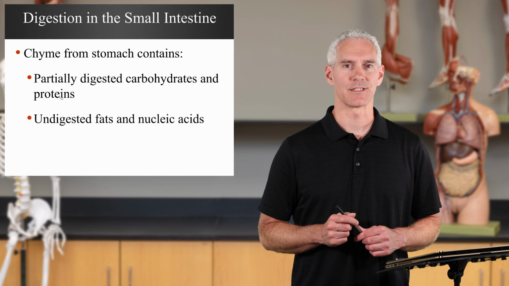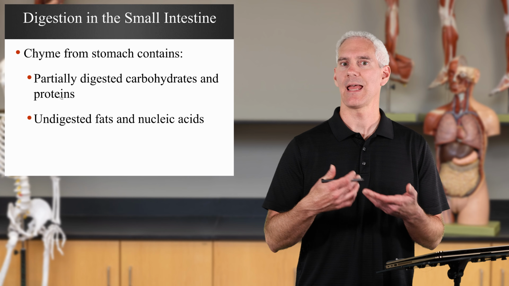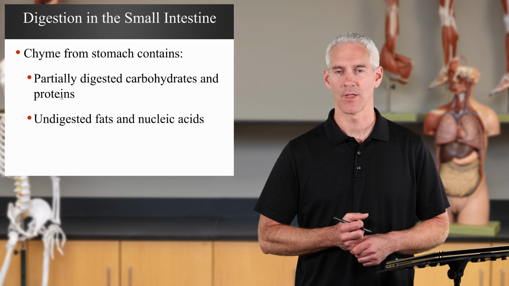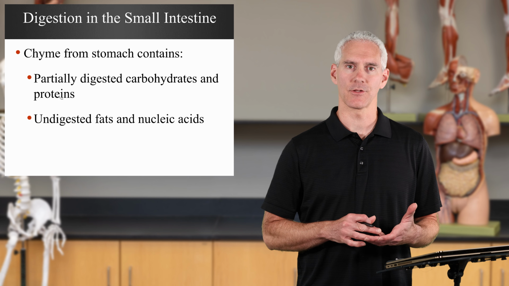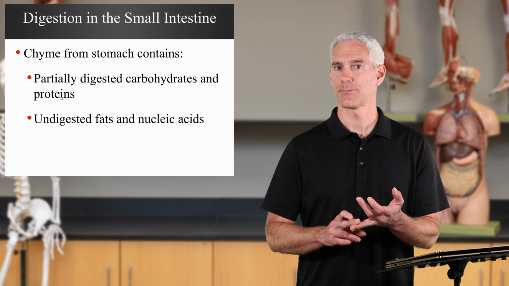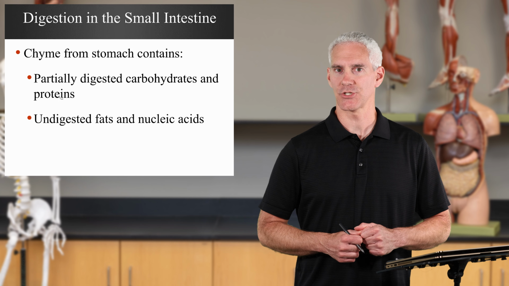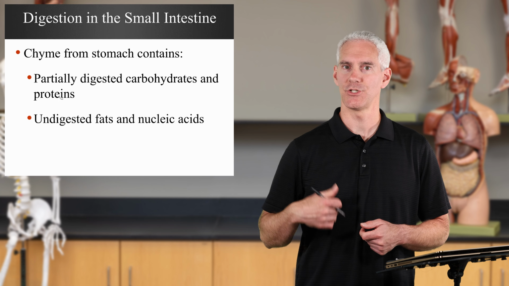The small intestines will be the site where the lipids and the nucleic acids will initiate their chemical digestion. So different macromolecules, carbohydrates, proteins, lipids, nucleic acids, will initiate chemical digestion at different points of the GI tract.